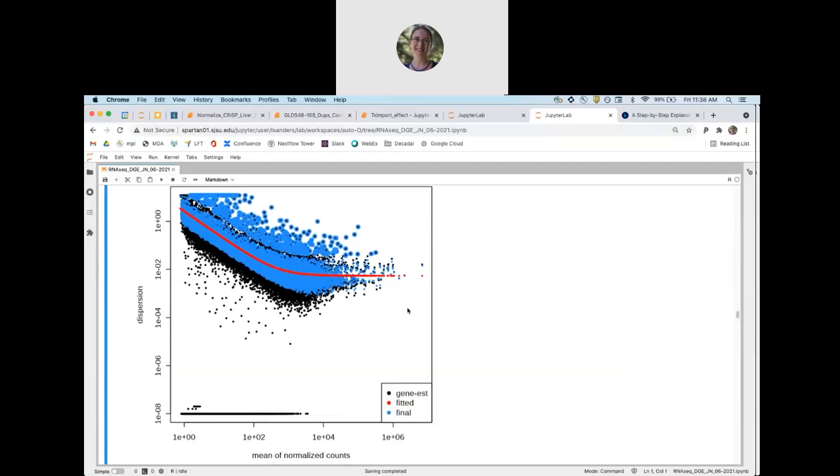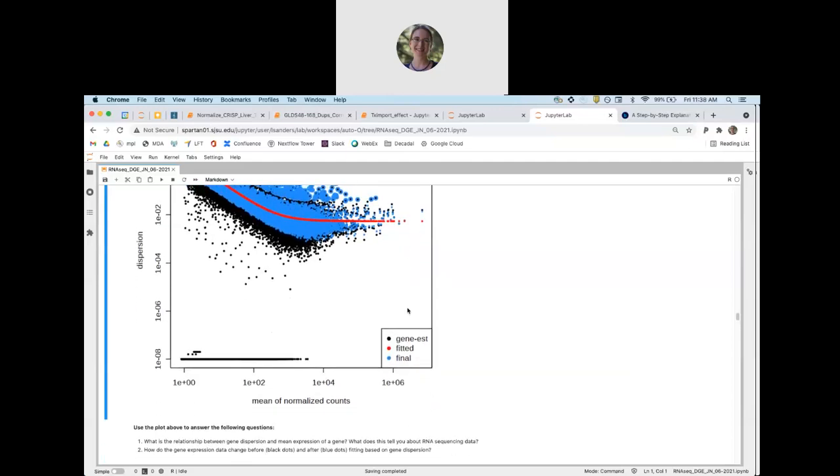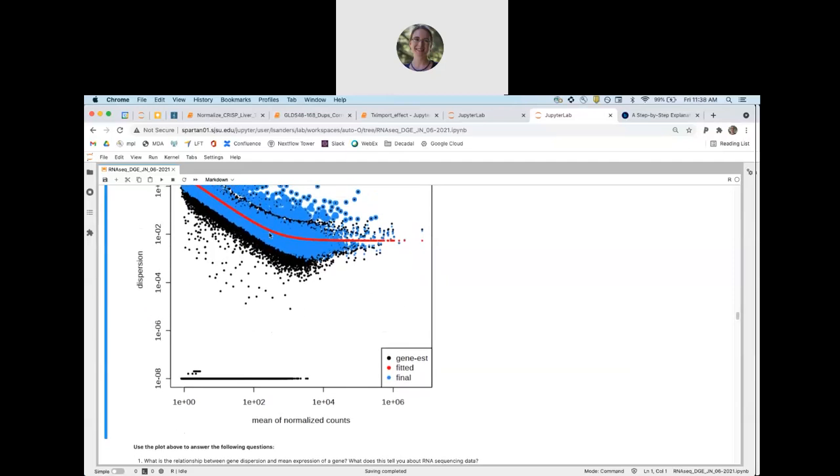Taking a look at this plot, what is the relationship between gene dispersion, which is here on the y-axis, and mean expression of a gene? So what do you see?